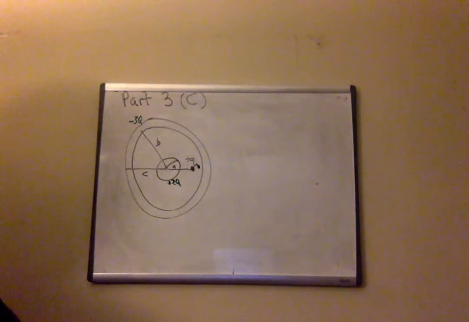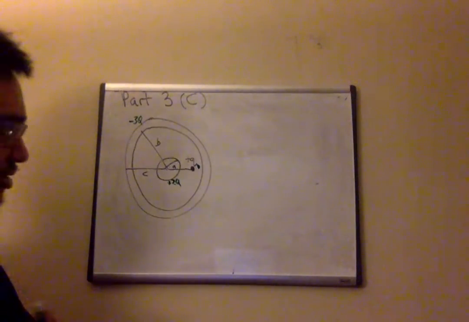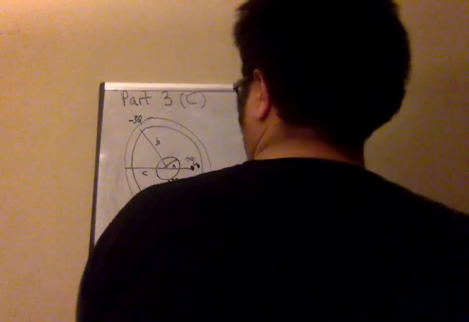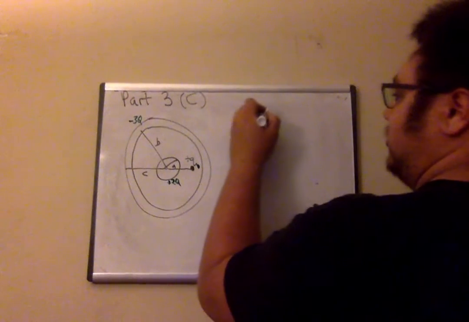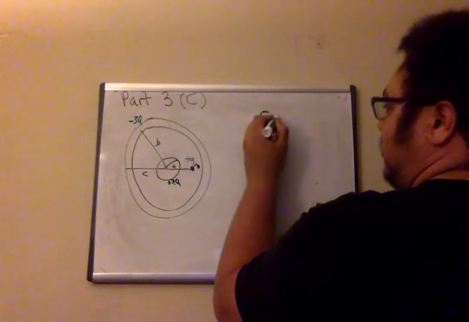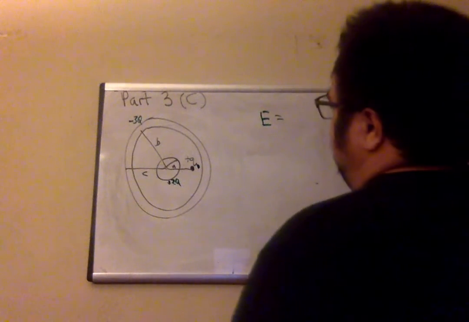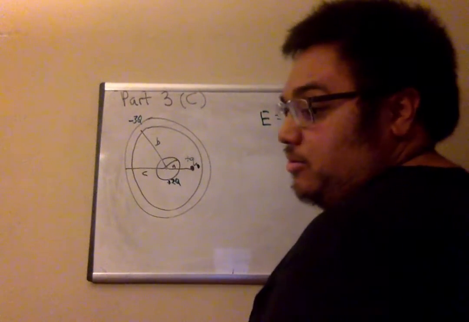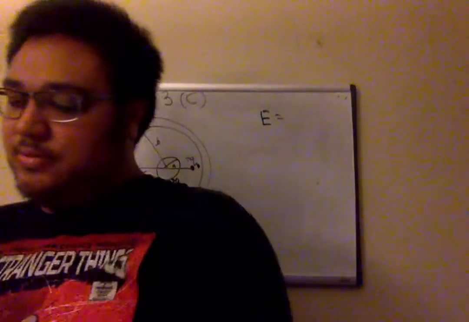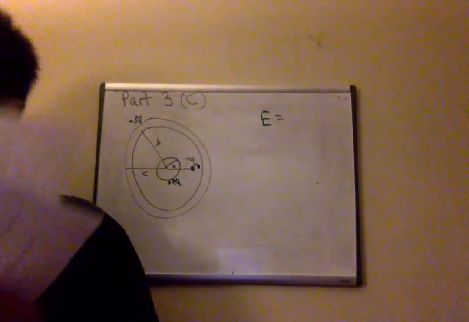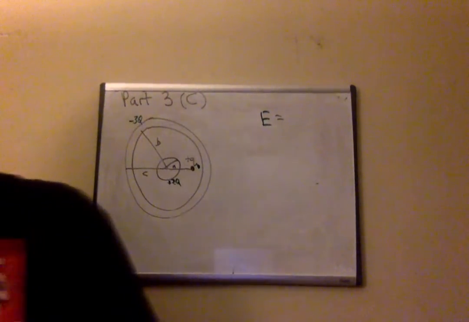So, if you remember from the previous problem, the electric field we derived for that area was equal to, what was it? I know I have it somewhere. There it is.